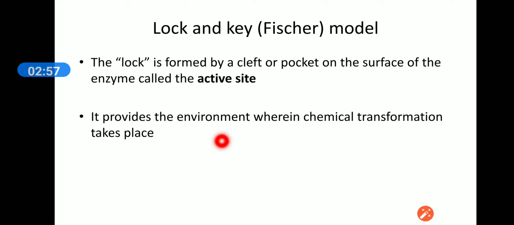It explains how a specific enzyme engages a specific substrate and converts this substrate into product. In this model, the lock is formed by the cleft, which we explained in our previous lecture, that is the active site, a cleft or pocket on the surface of the enzyme. This active site provides the environment wherein a chemical transformation takes place.